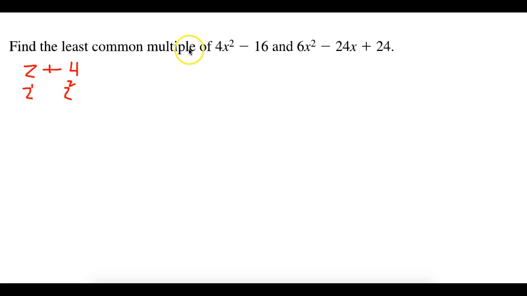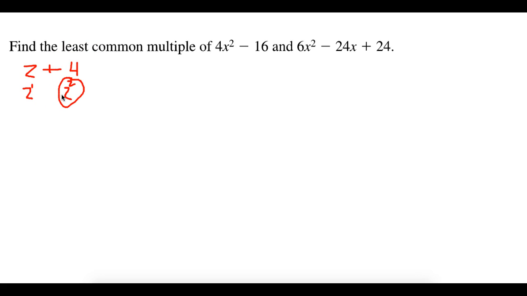The least common multiple is actually just the product of the greatest exponent of all of the common factors. In this case, we both have the common factor of 2, but the greatest exponent is 2 squared, which means 2 squared is our least common multiple.